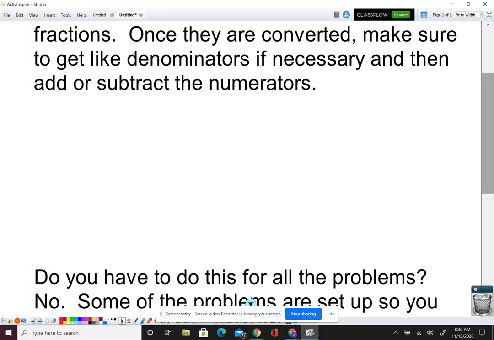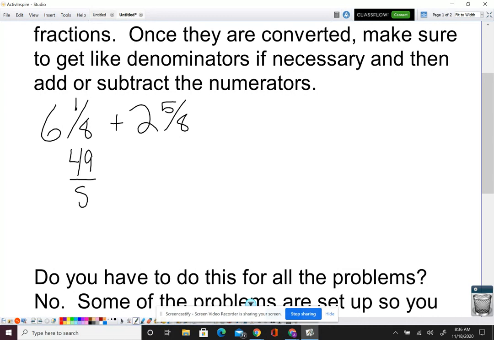Okay, so if we have 6 1/8 plus 2 5/8. So how do we get our improper fractions? 8 times 6 is 48, plus 1 is 49/8. 8 times 2 is 16, 16 plus 5 is 21/8.